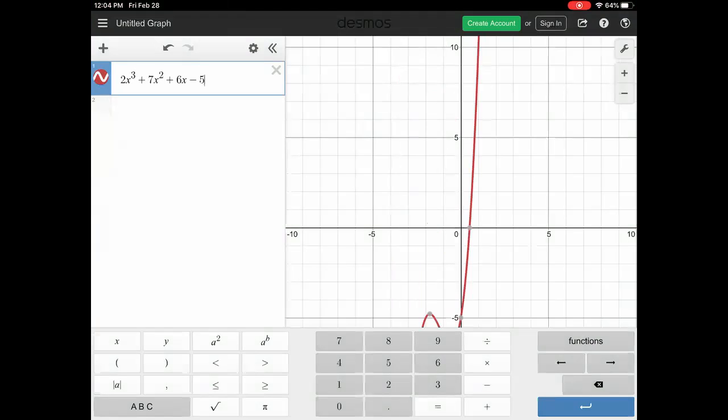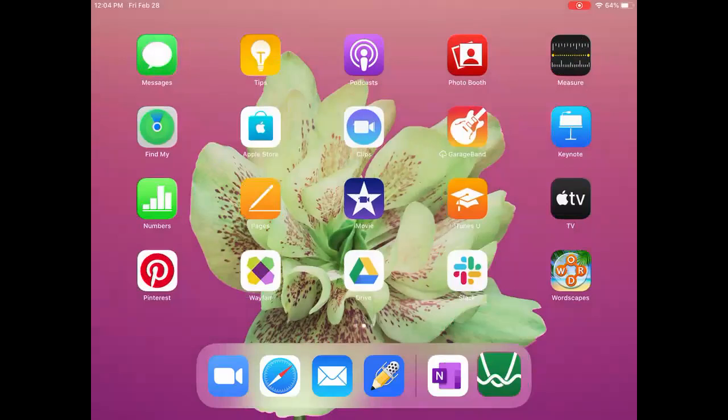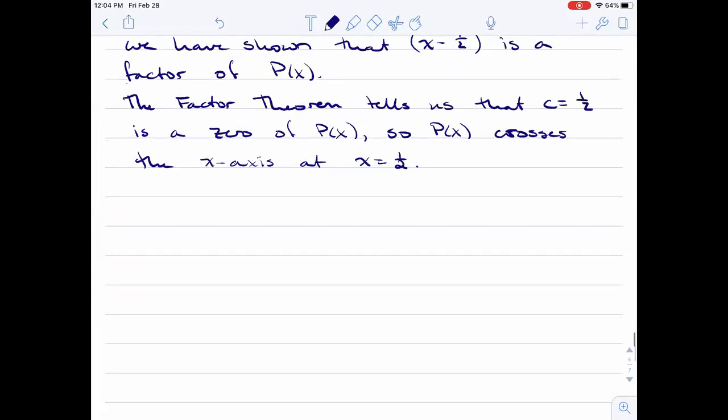Hopefully this point is at 1/2. I'm really hoping here. So that's what it looks like graphically, where it crosses the x-axis. That's a 0. Nice. Okay. Should we do 56 as well? Emphatically, yes.